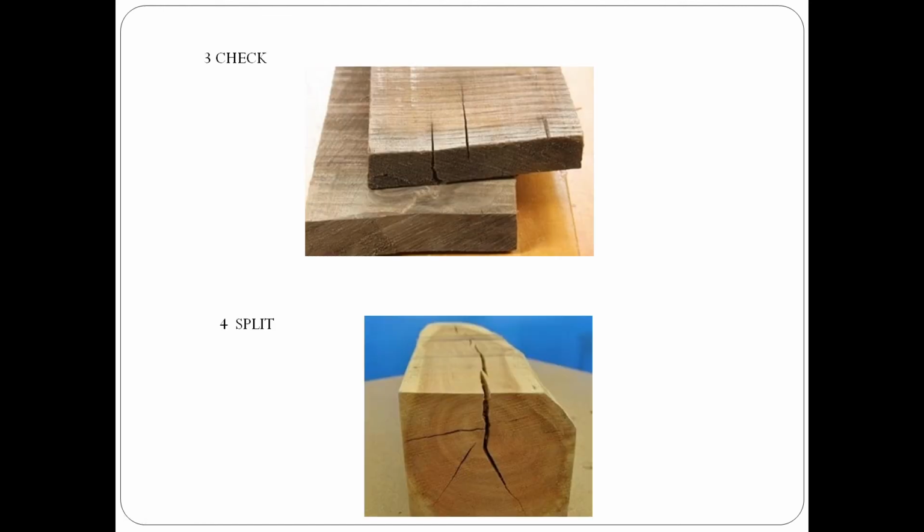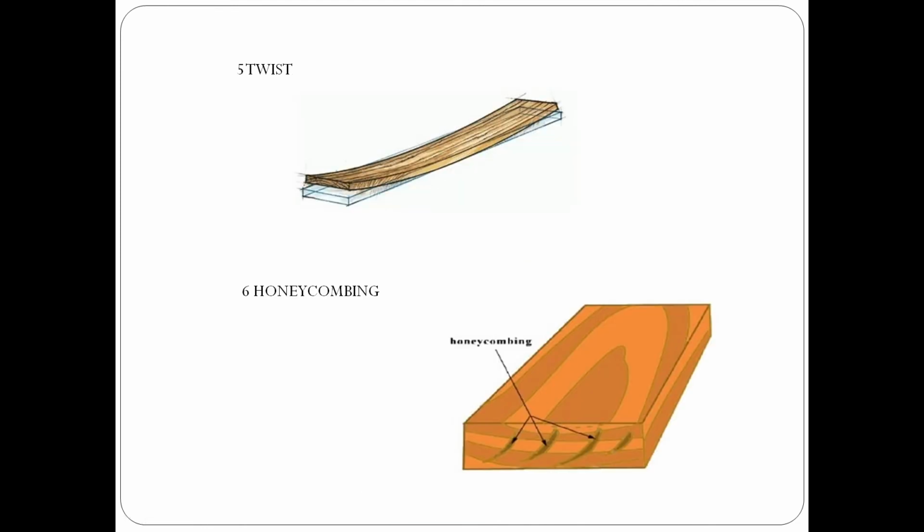Check. Check is the formation of a crack in the wood which will separate the wood fibers, due to over seasoning of timber. Next one is split. Split forms when a check extends from one end to another end, which will split the wood into a number of pieces.